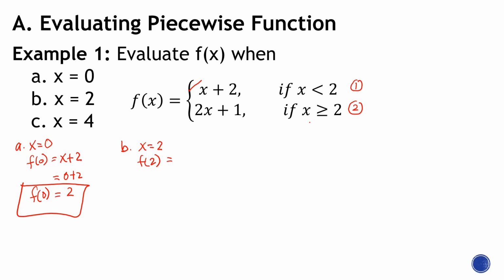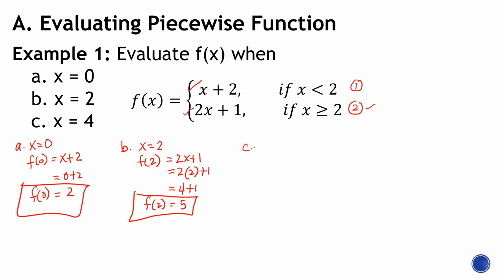Yes, so that means it's part of the second domain, which means we will be using the formula 2x plus 1. So 2 times 2 plus 1 is equal to 4 plus 1, and that is equal to positive 5. So that is our f of positive 2.